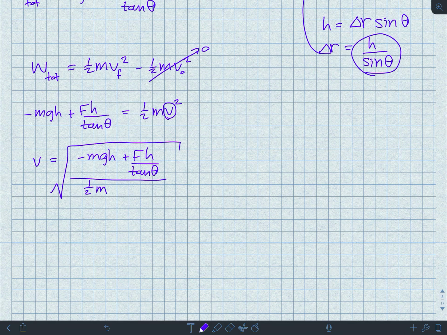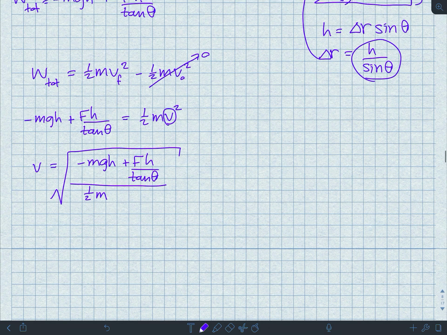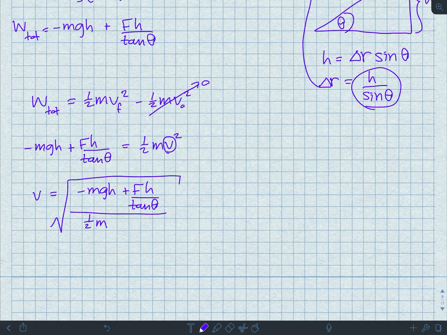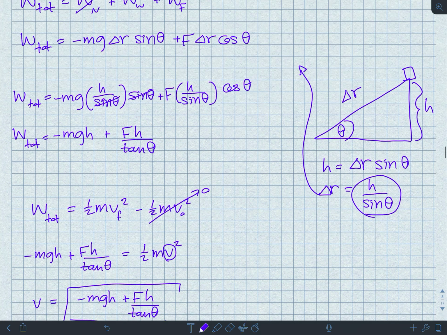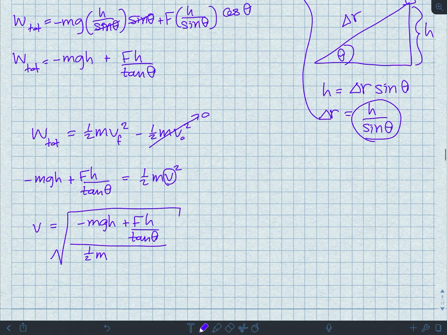I think that is it. That is an expression. It's not beautiful, but it is an expression. I'm going to go with that. So here's my expression. That's for part A.